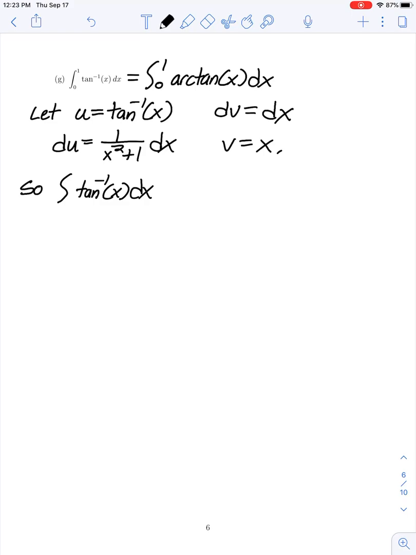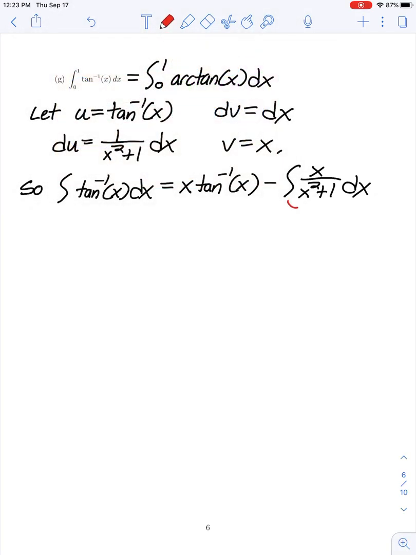Using integration by parts, we would have u times v, so x times arctangent x, minus the integral of v du, which would be x over x squared plus 1 dx.